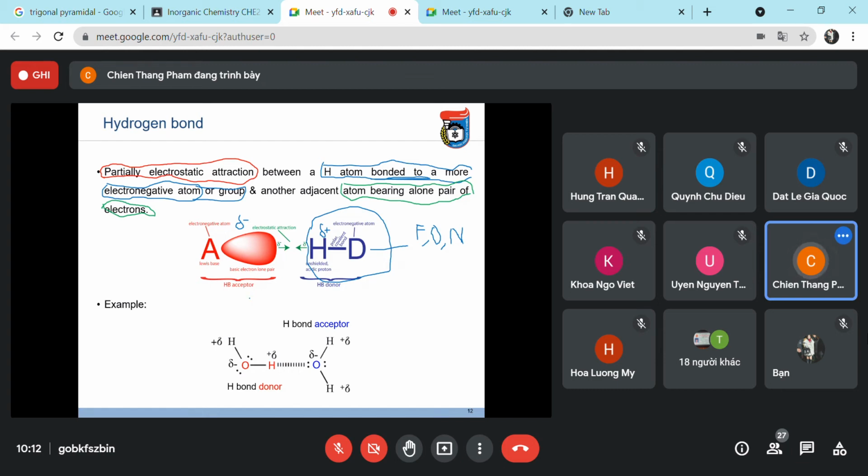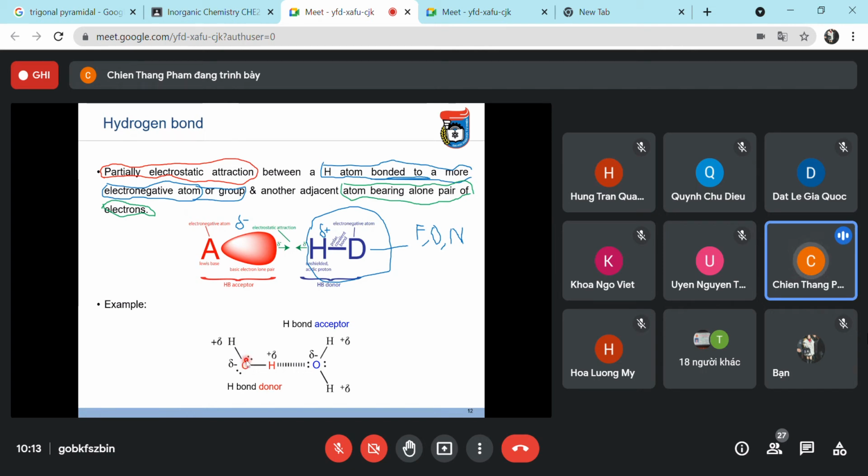Here I draw a picture of two water molecules. Please be careful here: each OH bond inside the water molecule is an intramolecular interaction. It's not a hydrogen bond.